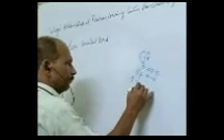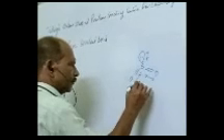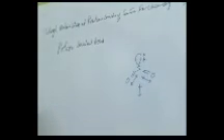The resultant of these two bond moments is downward, but the moment due to the lone electron pair is upward.